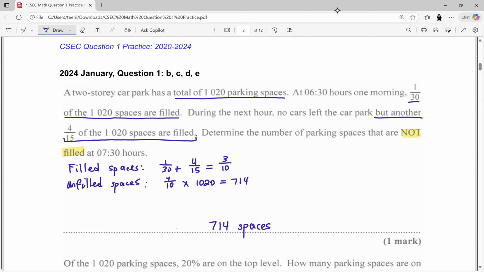What Genesis did by finding 1/30th of the 1020 and then 4/15ths of the 1020, adding them up and subtracting it from the 1020, or what Nia did, which is using the fractions instead. So just finding out what fraction represents the unfilled spaces and finding that fraction of 1020. So both methods would give you the same answer.